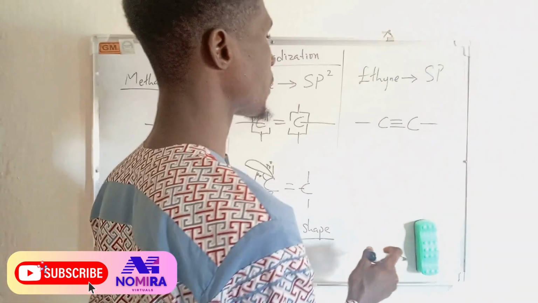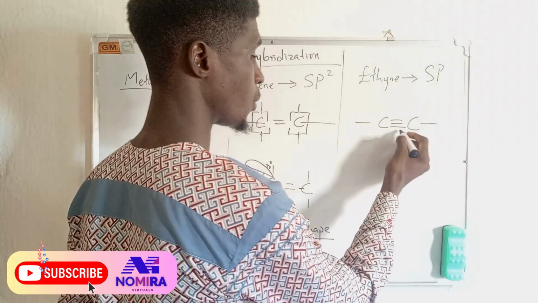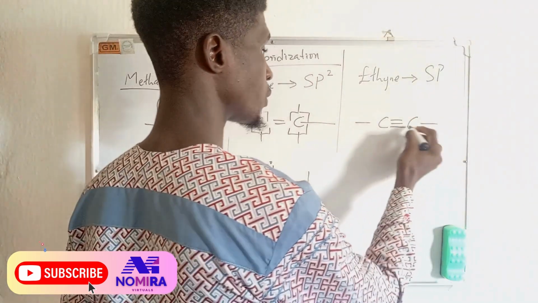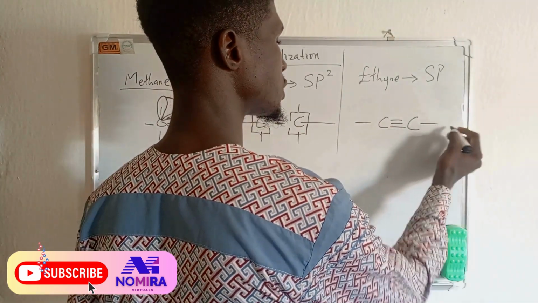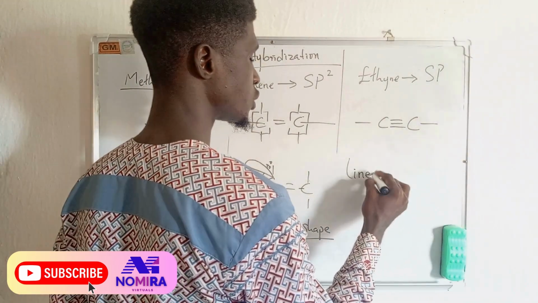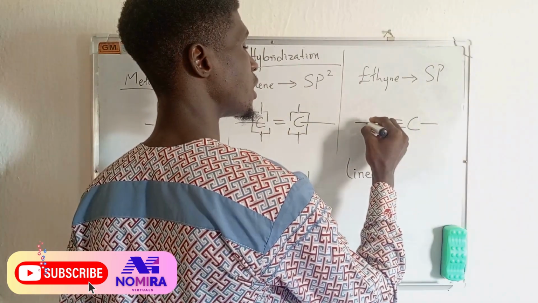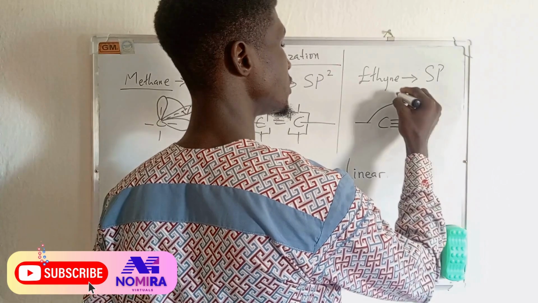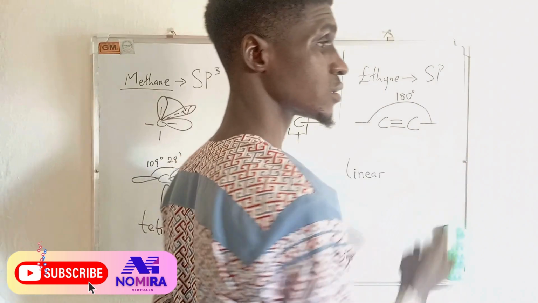Let us see what happens for the ethyne. In this ethyne, we have 3 bonds between the 2 carbon atoms. These other ones are existing linearly. So we have a linear shape here. Linear shape meaning that there is 180 degrees between this particular bond and this particular bond.